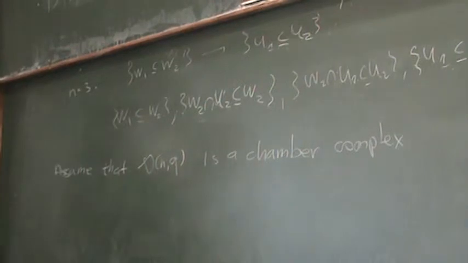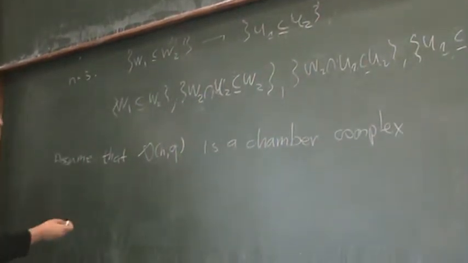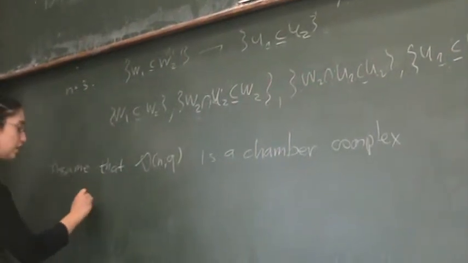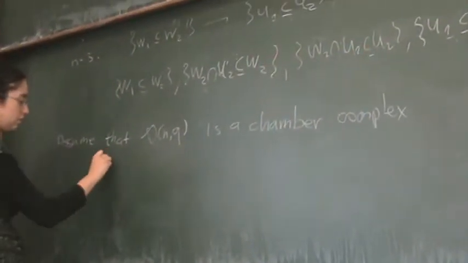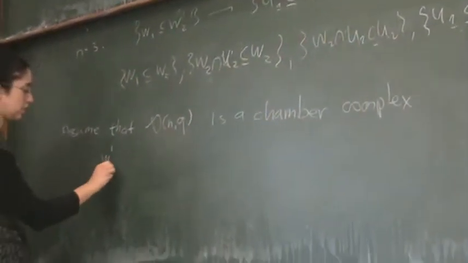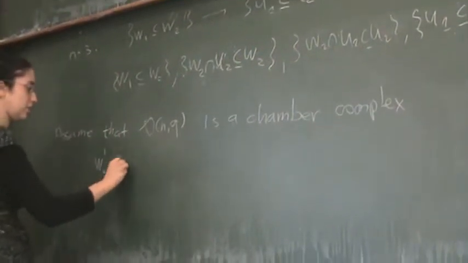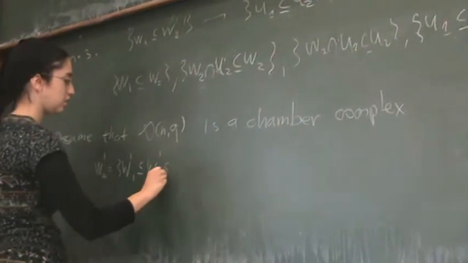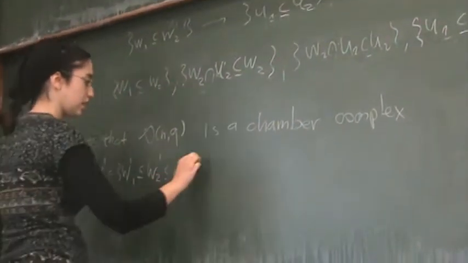And now we have two chambers in S_{n+1}, W1 star, which is W11 inside W12, etcetera.